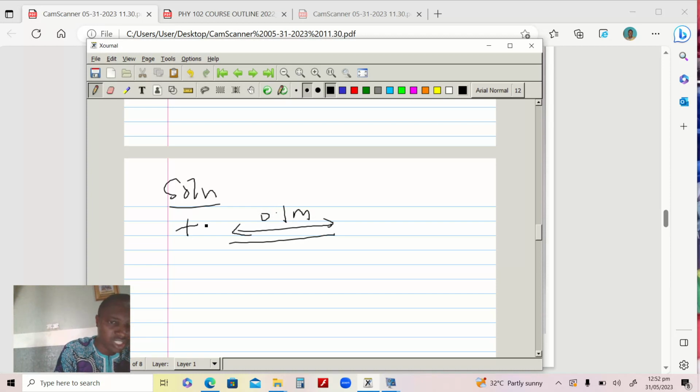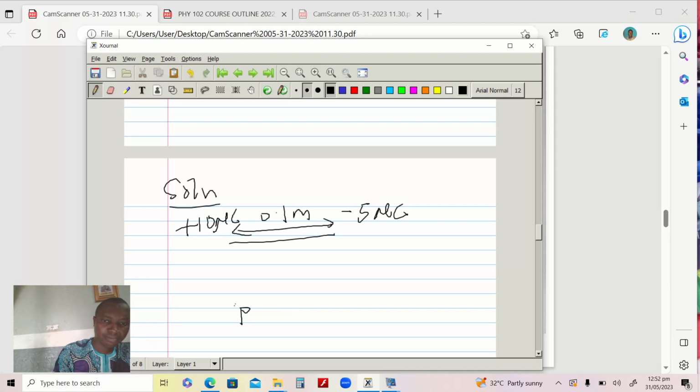This one is plus 10 microcoulombs, then we have minus 5 microcoulombs. Then we have a point P here.